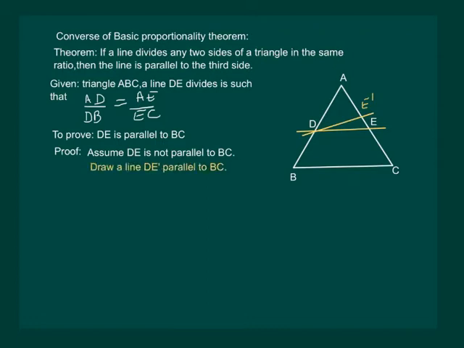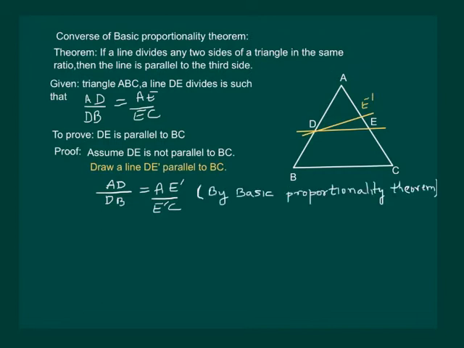Then by the basic proportionality theorem, the ratio AD by DB should be equal to AE dash by E dash C, and also it is given that AD by DB is equal to AE by EC.